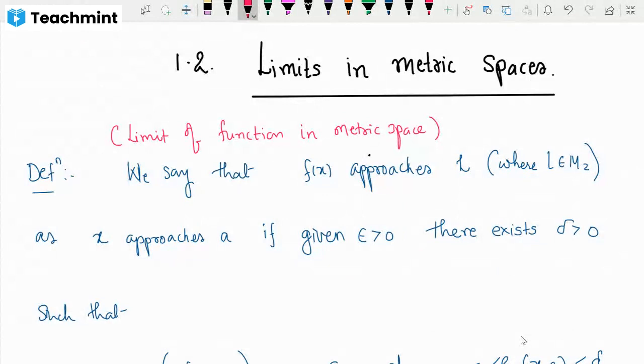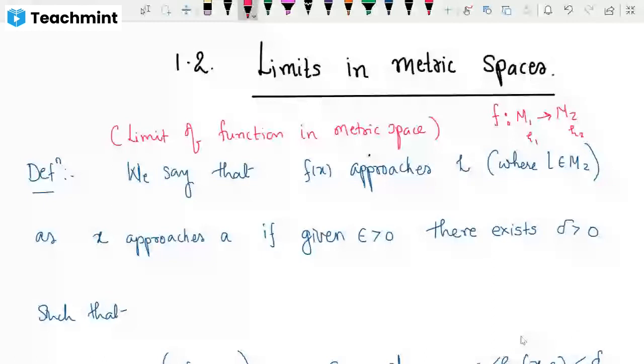Here f is a mapping from capital M1 to capital M2. Capital M1 is a metric space with respect to metric rho 1, and M2 is a metric space with respect to metric rho 2.